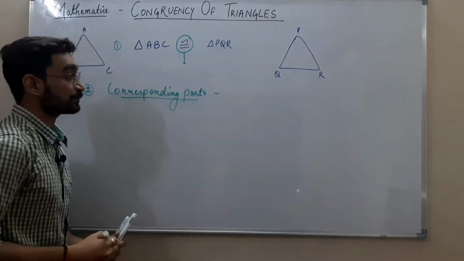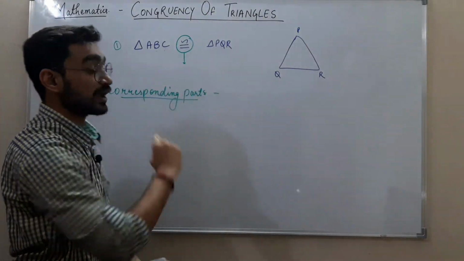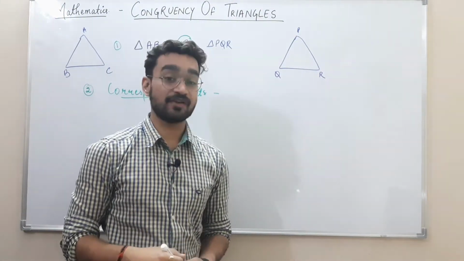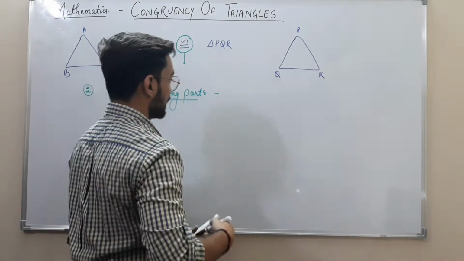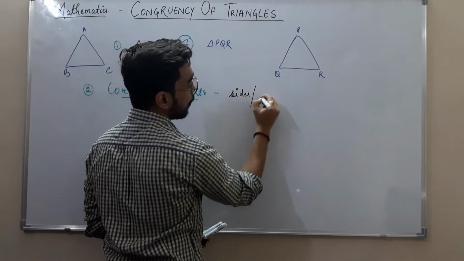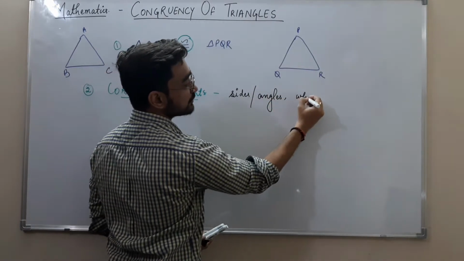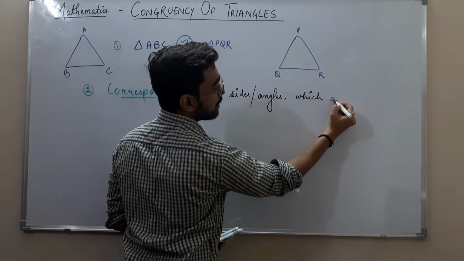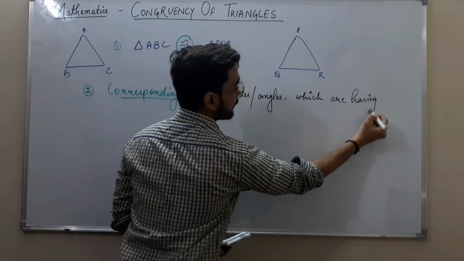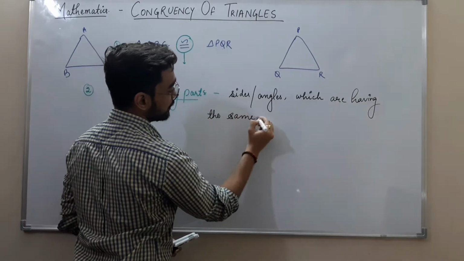Corresponding parts are the parts of the two triangles which have the same position or the same place. I can say the sides or the angles which have the same place.